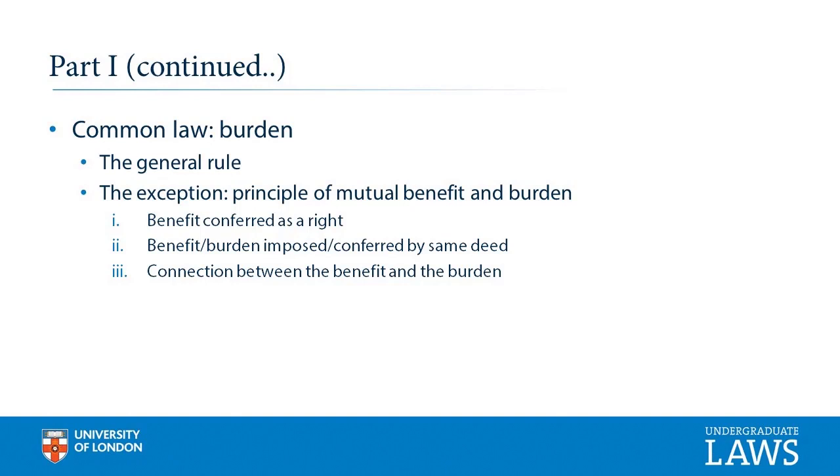In that case, the purchaser of a house on a housing estate, who was granted by the owners of the estate easements over the estate roads, covenanted with the owners that he would contribute towards the maintenance costs of those roads.